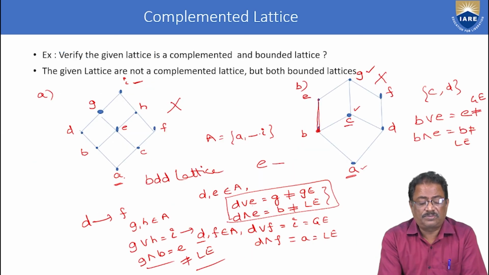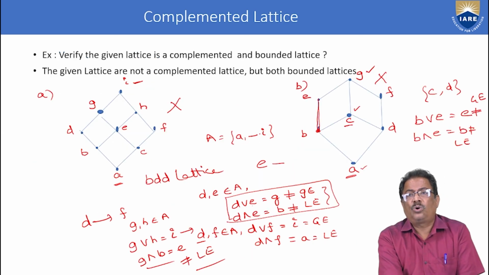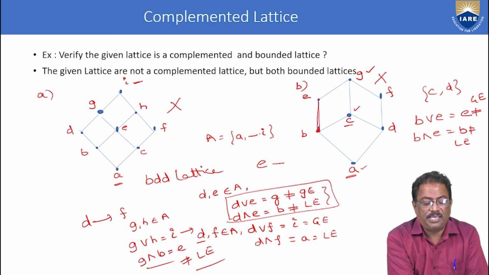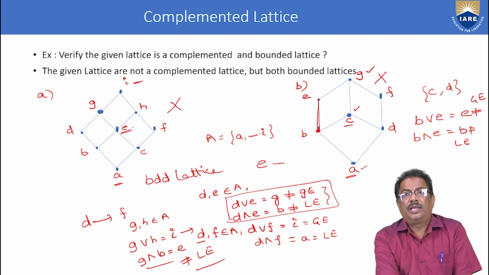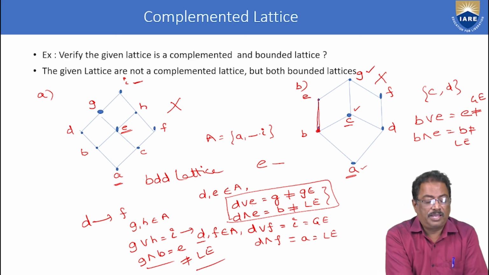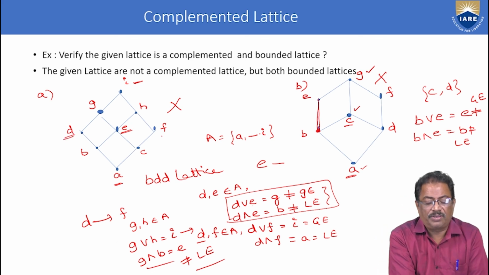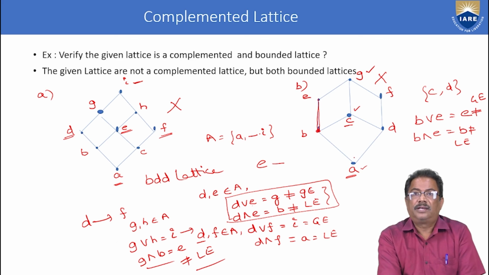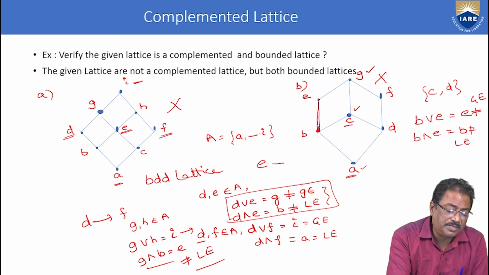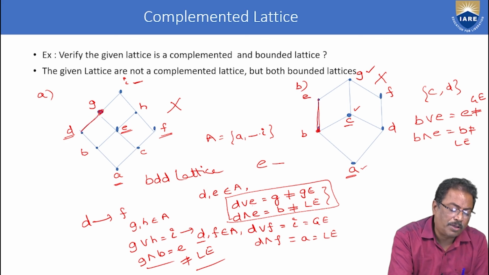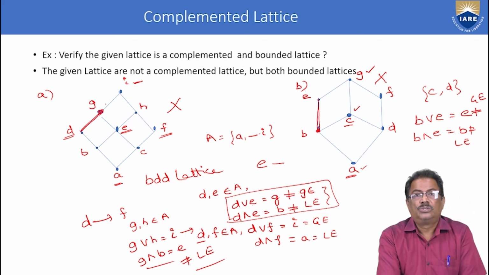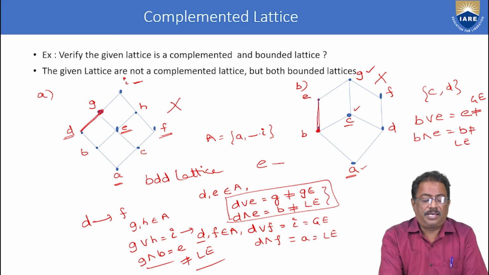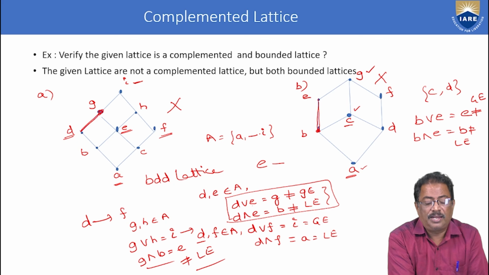In the other graphs, complements do not exist. If I am taking E, it does not have any complement. But D has a complement, F, and of course F has a complement, D. What about G? G will not have any complement.